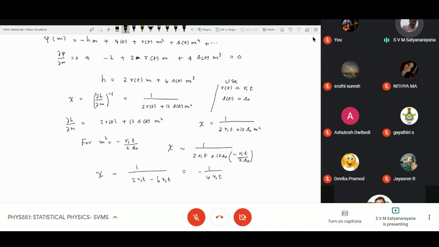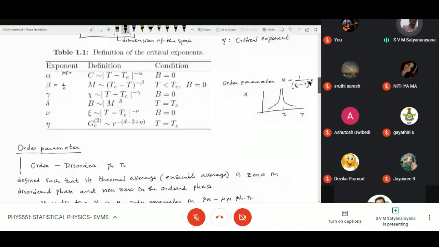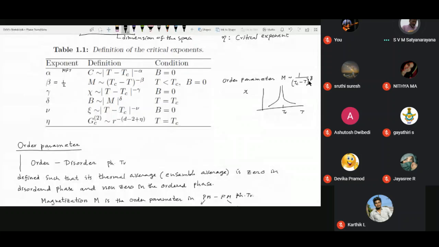Okay, so if t is negative, then this minus sign doesn't matter, but you can see that this tells you that your chi will go like t to the power minus 1. So that means our susceptibility exponent, defined in this fashion, this gamma, turns out to be minus 1 according to our mean field theory calculation.